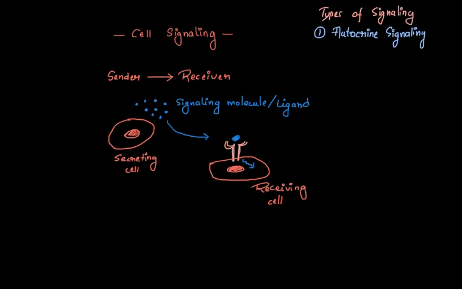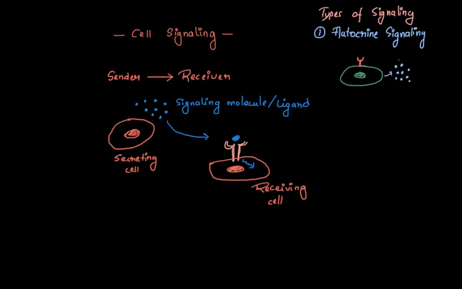As the name suggests, in autocrine signaling, the cell that is secreting the signaling molecule, let's say this is the signaling molecule, the same cell would have the specific receptor for this signaling molecule.